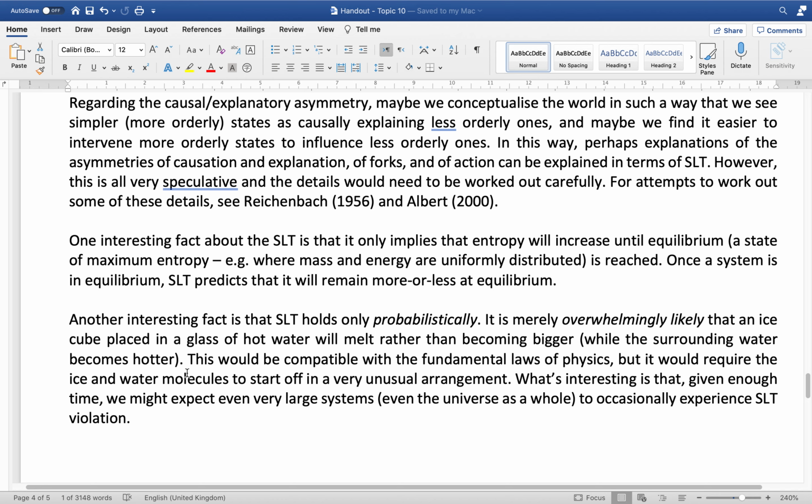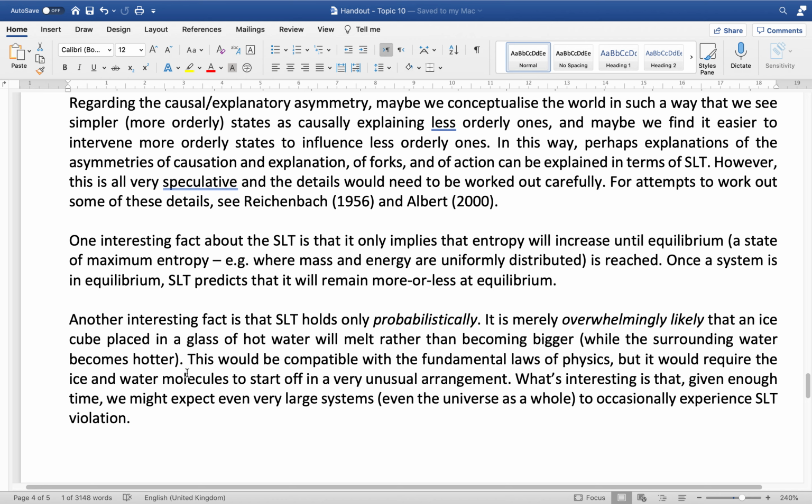So if the Big Bang is a low entropy state and the heat death is anything like an equilibrium state, then the second law predicts that the heat death state will be sustained. The universe is at least very unlikely to move out of equilibrium once it's been reached.